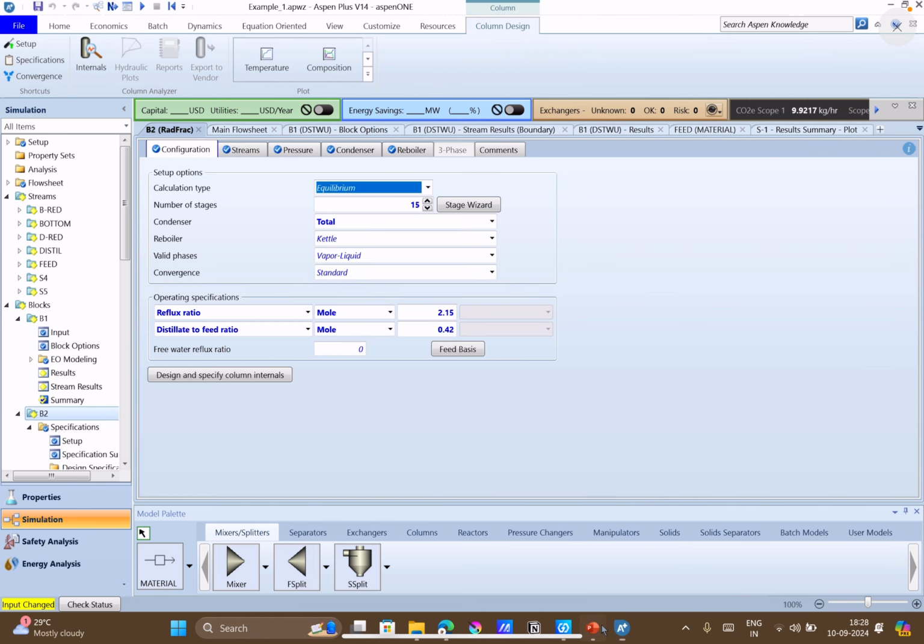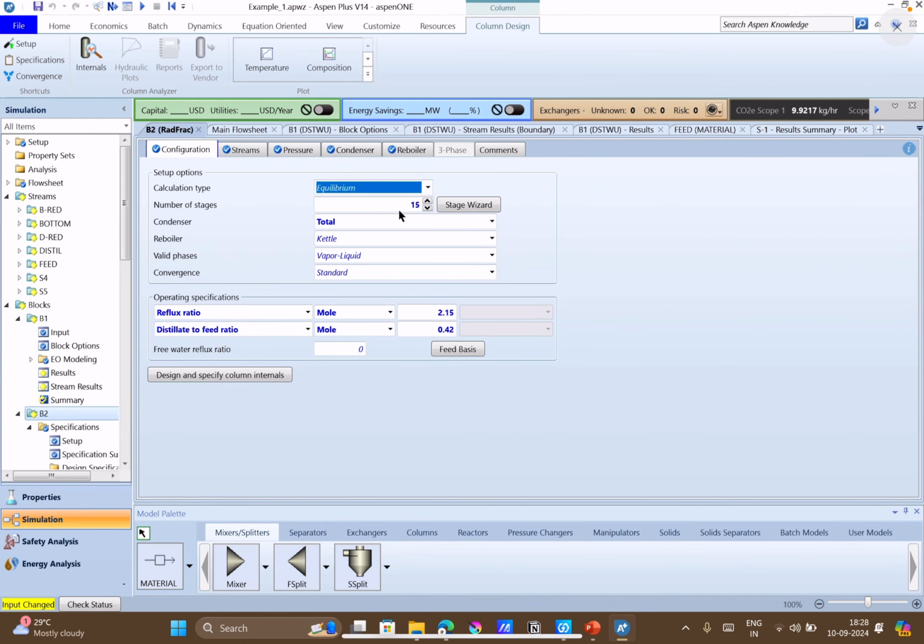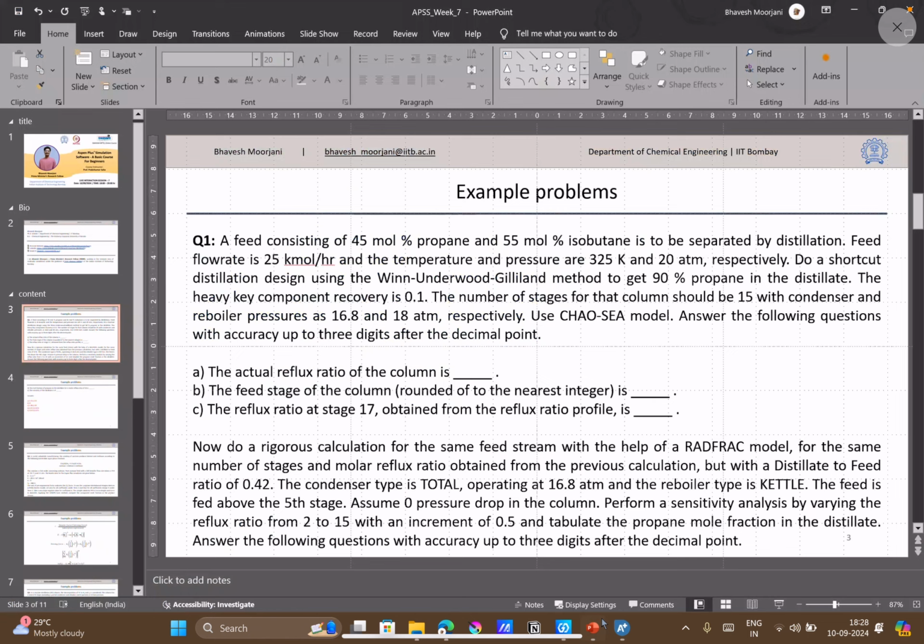We have been asked that the number of stages are the same as the previous model, 15 stages, and the reflux ratio is also the same. So you will see the theoretical number of stages are 15. Total condenser we have used previously also. Reflux ratio 2.15, which is selected from the DSTWU unit. And then the distillate to feed ratio has been provided in our question, so we have to select it as 0.42.